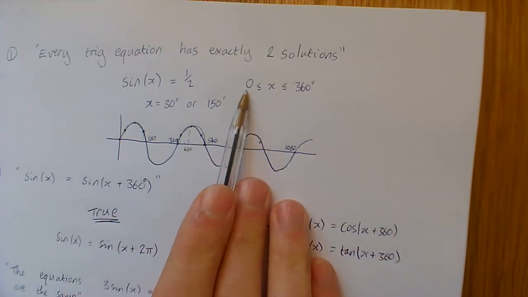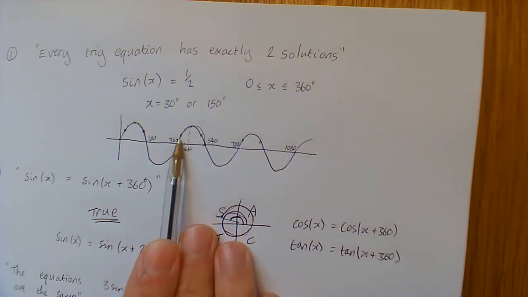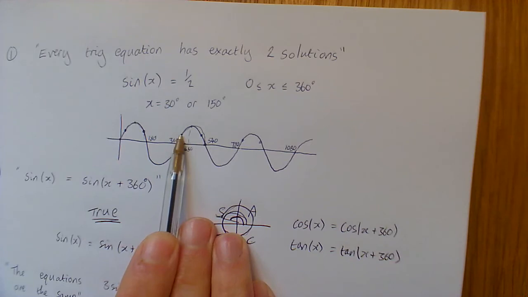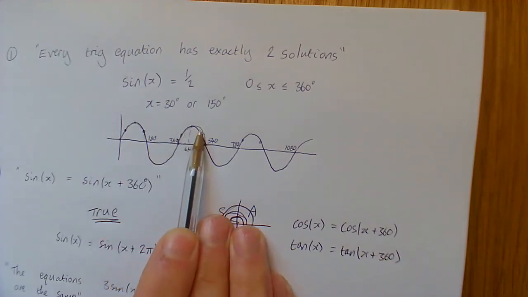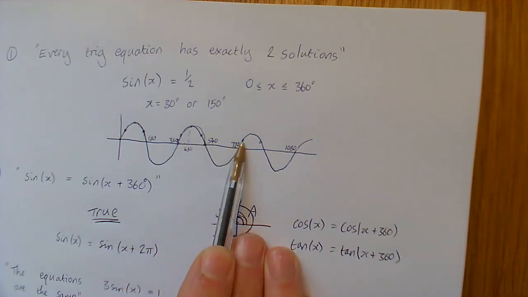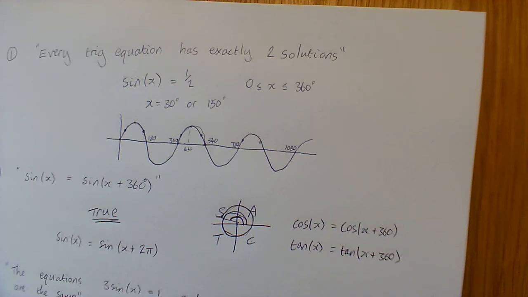So if we can find all our solutions between 0 and 360, then we can find extra solutions along here by just adding 360 to get our next one, adding 360 to get our next one. And then if you had these two, if you add 360, you get to this one along here, add 360, you get to this one along here. So we can find more and more solutions by adding 360 degrees or 2 pi to the solutions that we already have. We'll do examples of that in a minute, but that's one of our key ideas.